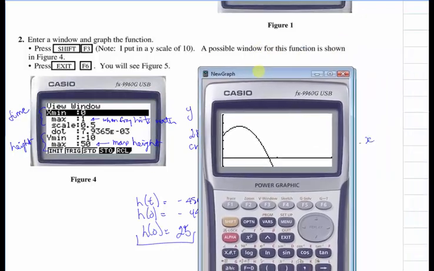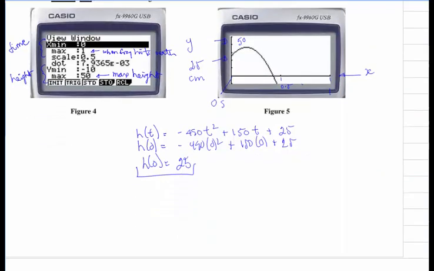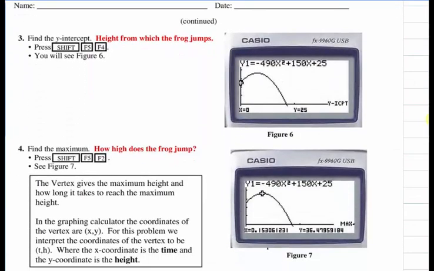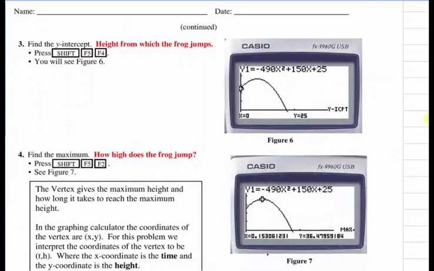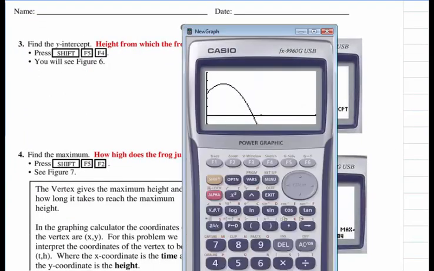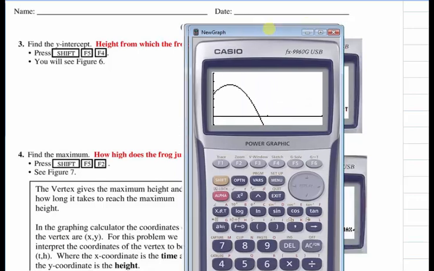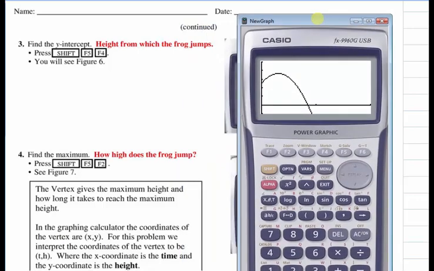All right, so we're going to go to the next page and start answering the questions that you have been asked. The first question you are asked to do is to determine the height from which the frog jumps. Well, the height from which the frog jumps is right here on your screen. It looks like it's a y-intercept.